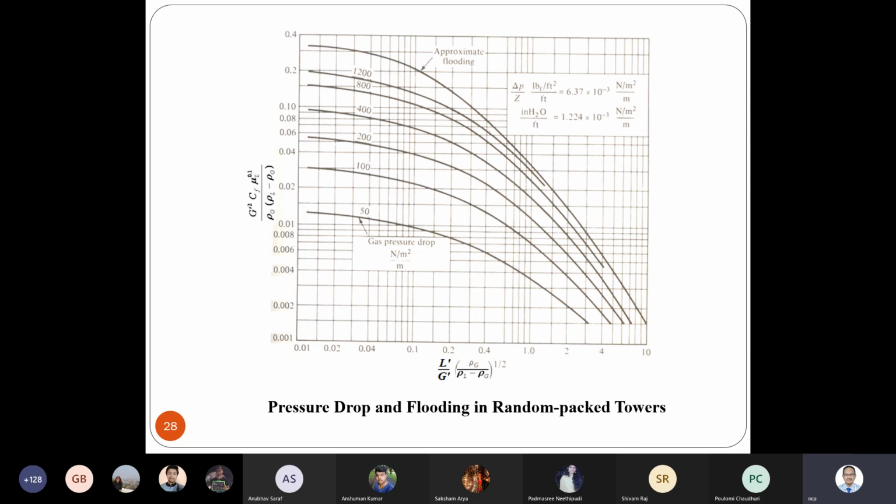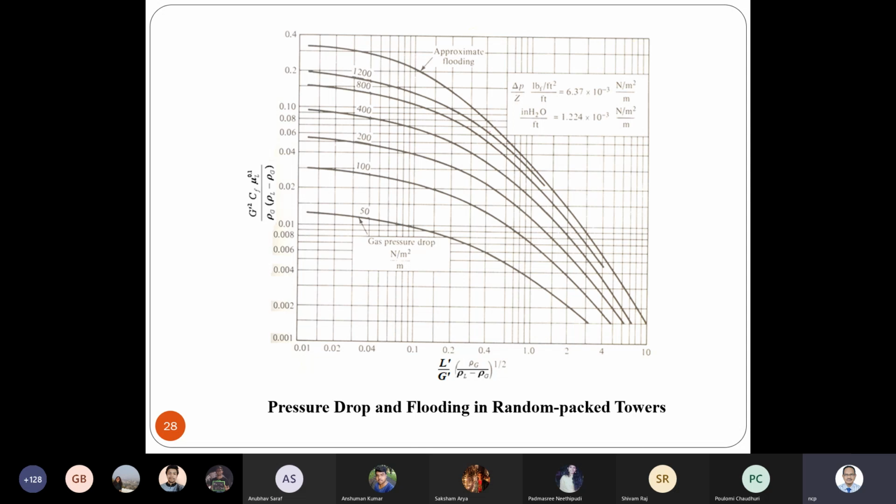So let me just draw a sketch here. So the gas phase is going up now. It is for absorption. If you just consider the solute is being transferred from gas to the liquid phase. Now the transfer unit, suppose this is the transfer unit. Suppose I consider a section of this packed tower, right?